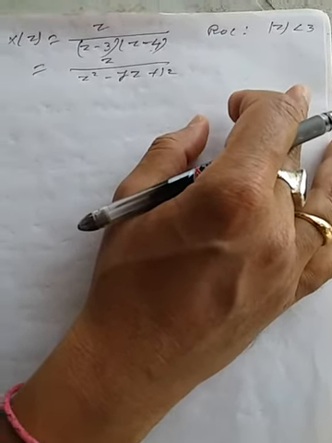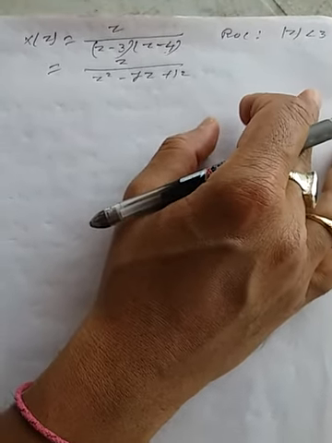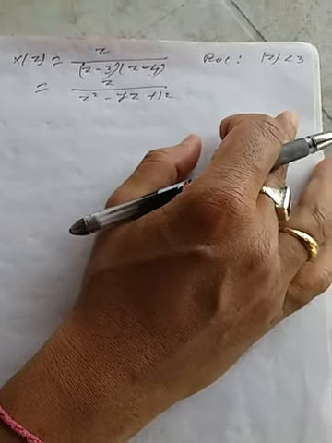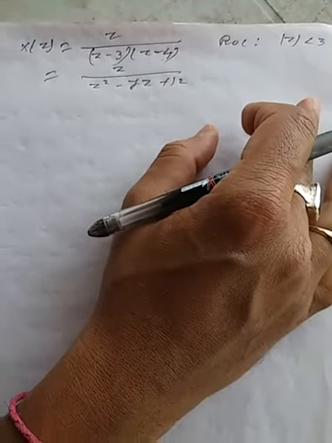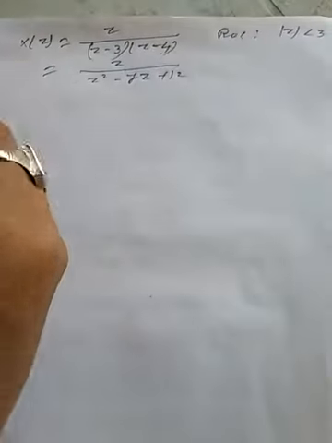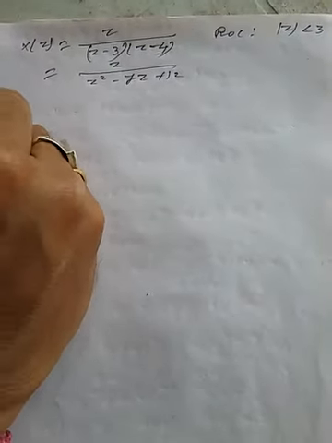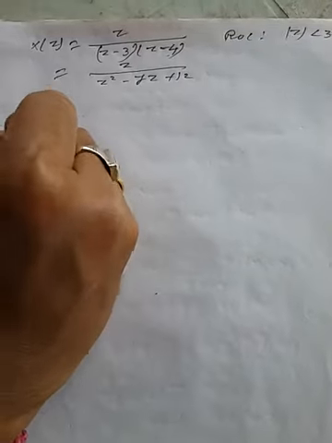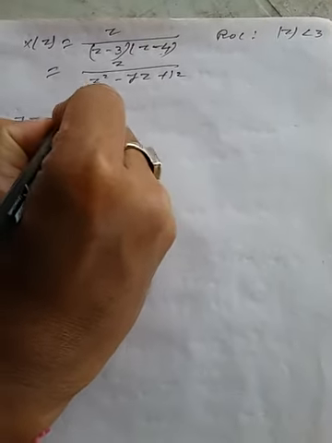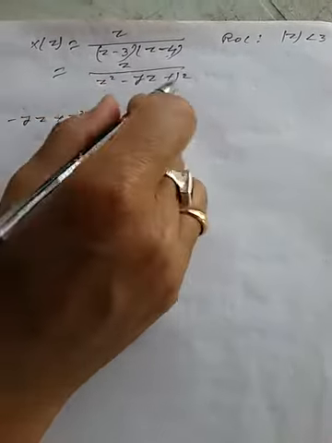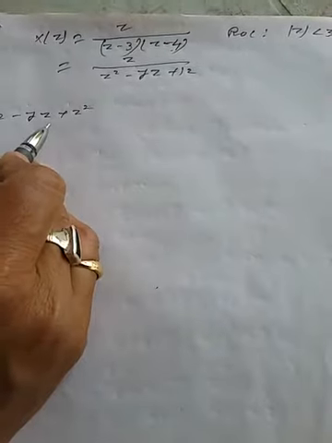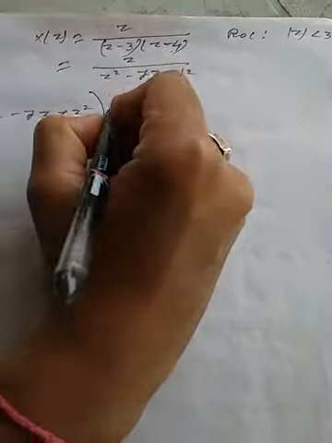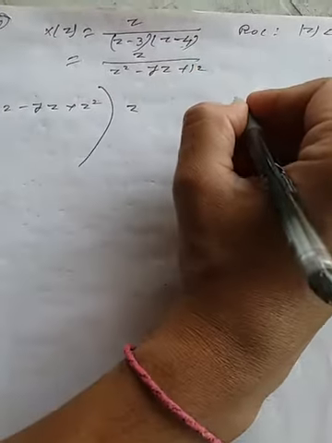So for the non-causal sequence, the division process is a little bit different. Okay, so the division process will be like this: 12 minus 7z plus z square. You have to shuffle the denominator portion this way. Okay, and z is divided by this polynomial.